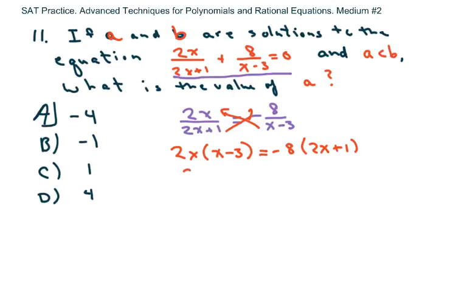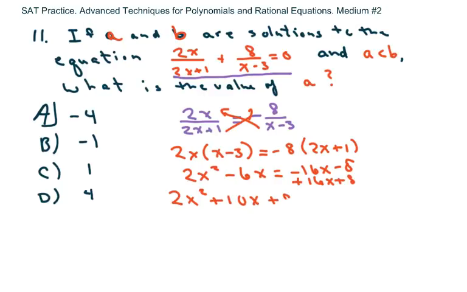I'm going to distribute here. You get 2x squared minus 6x equals negative 16x minus 8. Then I'm going to move everything over to the right here. We get 2x squared, and when I add 16x to both sides and add the 8, we get 10x plus 8 equals, that will cancel, 0.